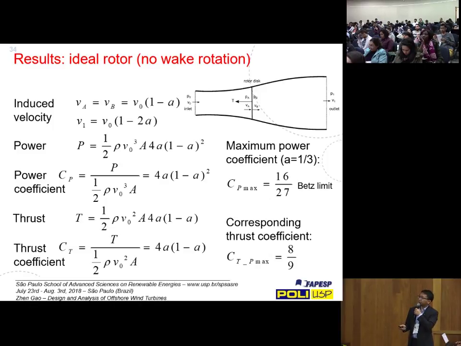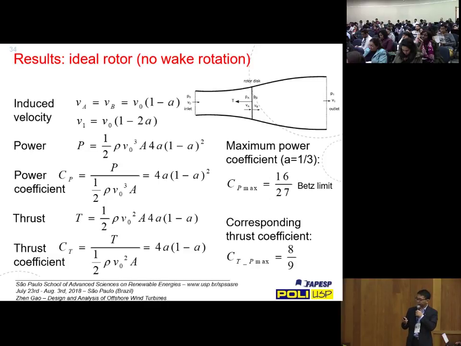Then, of course, you take the derivative, set it to 0, and you reach the Betz limit. At that point, you also get the thrust coefficient like this, which is 8/9. So the thrust force does not reach its maximum when the power reaches its maximum. So basically, you relate the power and the thrust to the axial induction factor with this idealized actuator disk.